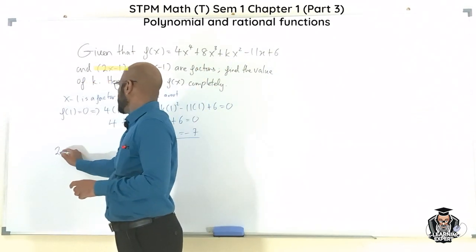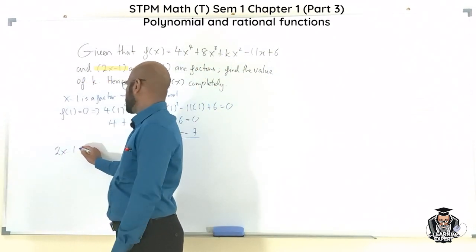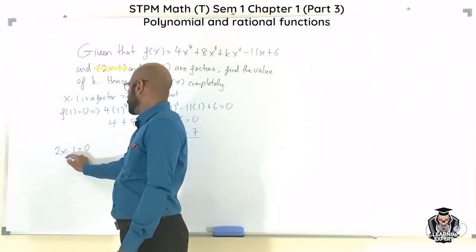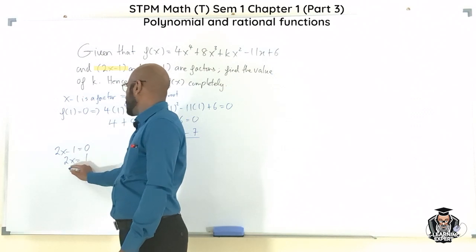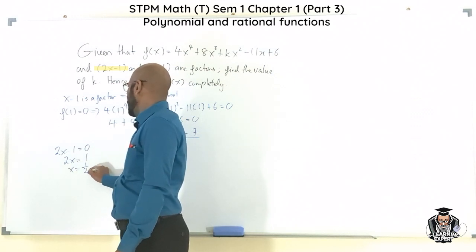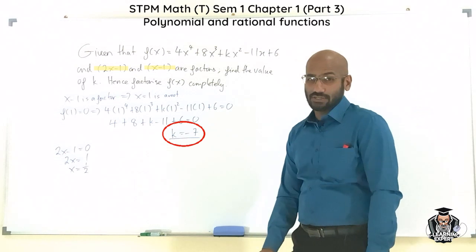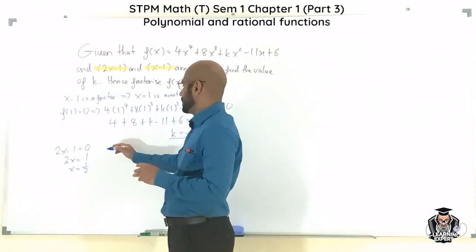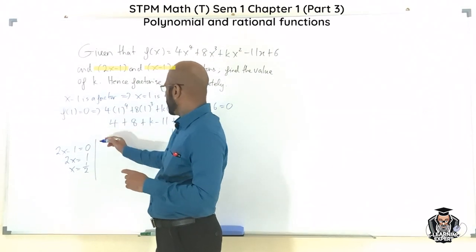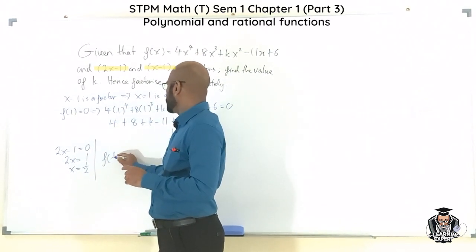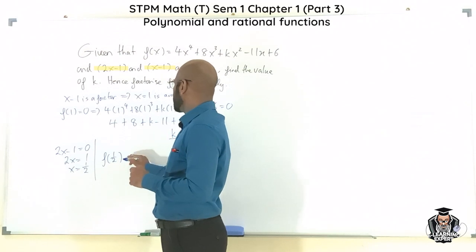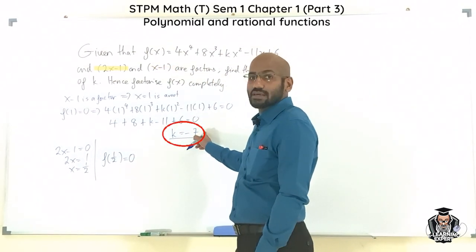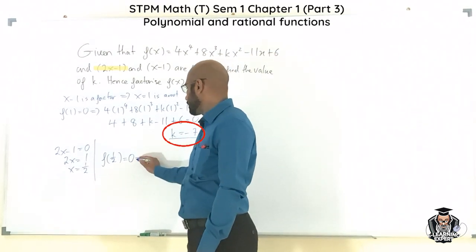So if we were using 2x minus 1 as the factor, what is the root? Make it equal to 0. So we have 2x equals 1 and x equals half. So that now we have a fraction. It's doable, but it's not as easy as a whole number. That means now, if I input half into my equation, I will still get 0 because it's a root. Let's check whether I'm able to get the same value of k by using half.